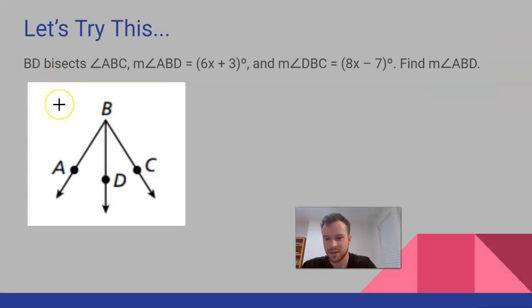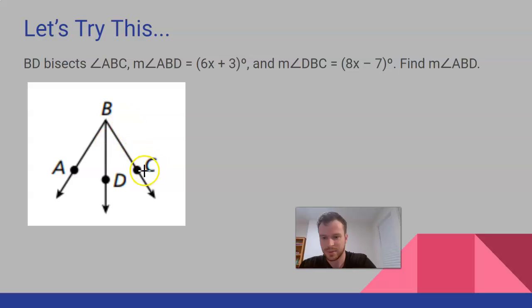This problem says that ray BD bisects angle ABC, and the measure of angle ABD is this equation, 6x plus 3 degrees, and the measure of angle DBC equals 8x minus 7 degrees. Find the measure of angle ABD. Okay, so let's start by labeling this diagram that we're given.